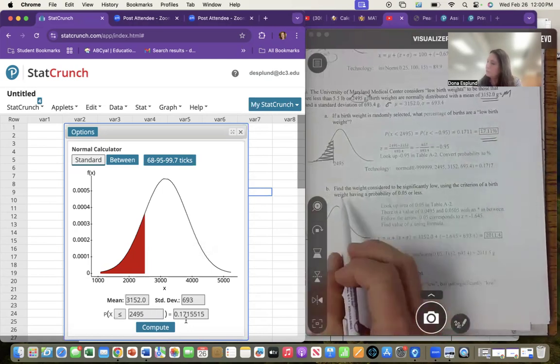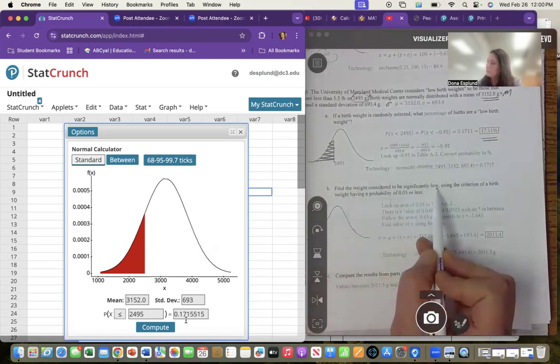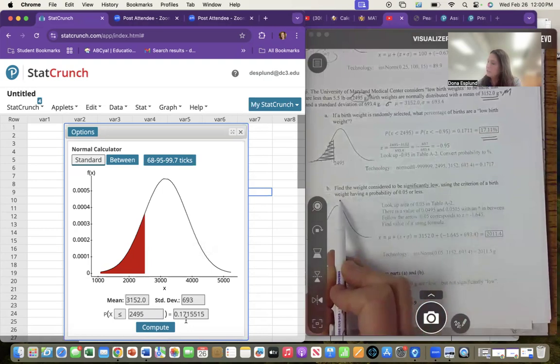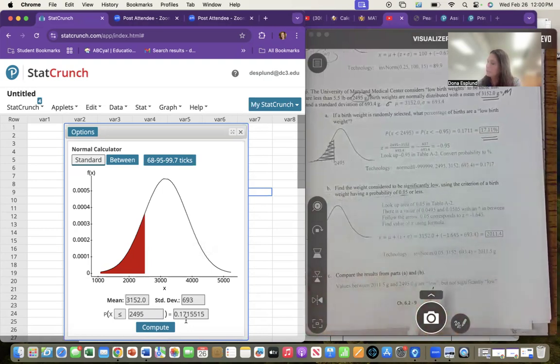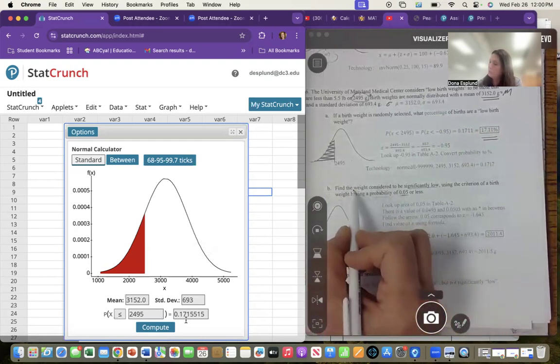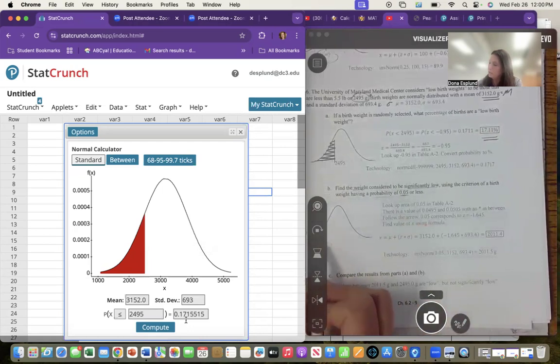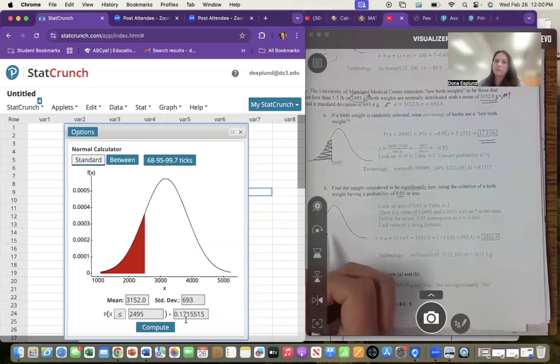Okay, find the weight considered to be significantly low using the criteria of a probability of 0.05 or less. So again, I'm looking for the weight, the X value that's going to be less than would be considered low. So I'm looking for the 0.05.